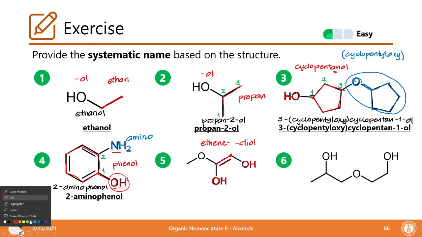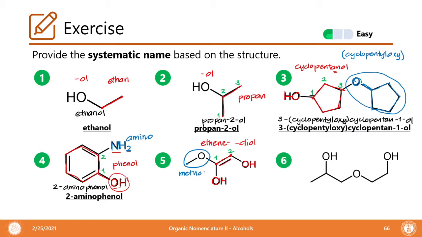Now let's define numbering. So we can choose number 1 to be either of these. However, we have to choose this one because this has a substituent. So 1, 2. Okay, ethene-1,2-diol. And let's define our substituent. This is an ether with a methyl group, so this is a methoxy group.